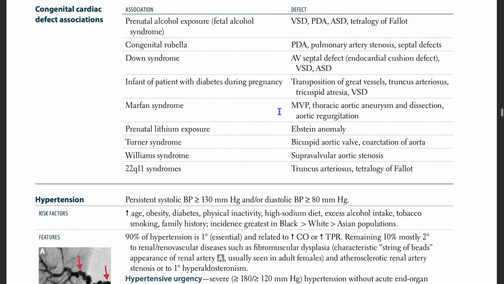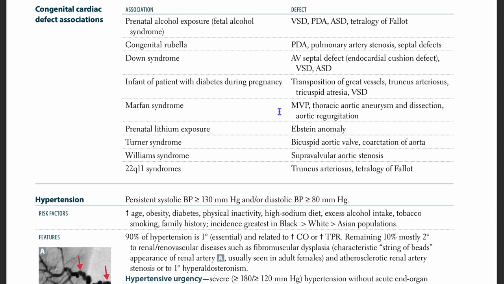Congenital cardiac defect associations. These come in handy when you've got to think quick for an answer, if you remember these. So associations and defects: prenatal alcohol exposure, fetal alcohol syndrome: ventricular septal defect, patent ductus arteriosus, atrial septal defect, and tetralogy of Fallot.